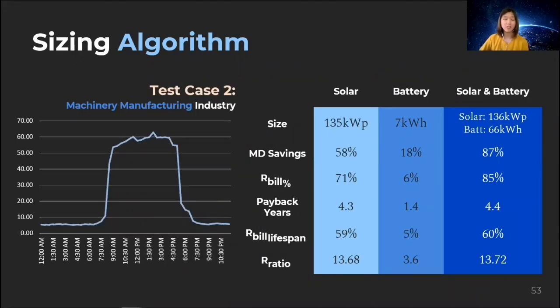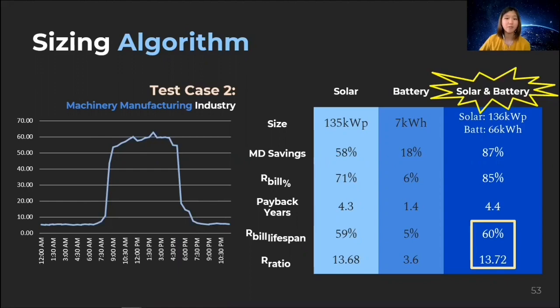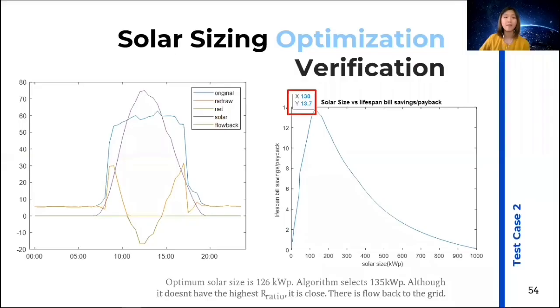Here, implementation of solar and battery provides most cost savings and value, as it has the highest lifespan bill savings and R ratio. Verification shows that optimum solar size is 130 kW peak, although algorithm result is 135 kW peak. Though an error, it is only a small margin where 130 kW peak also gives almost the same R ratio.